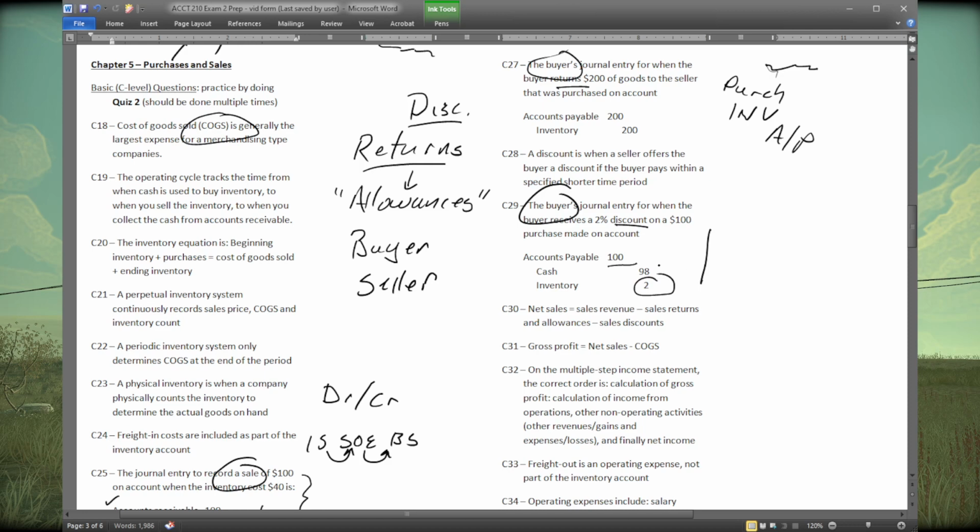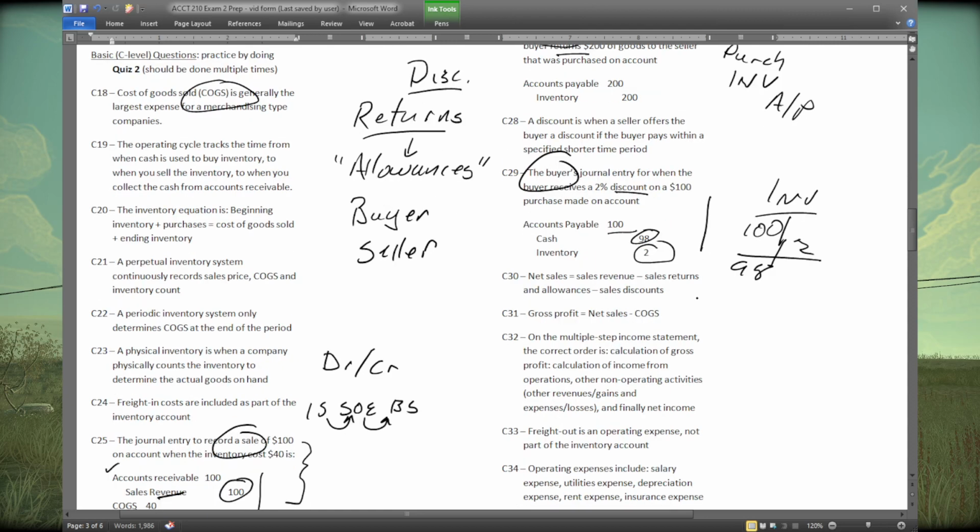Because think about this: if we only paid $98, then our inventory, which would have originally been $100, should reflect the amount of cash that we used. So inventory will be $98. We take that 2% discount as a reduction of the inventory cost.